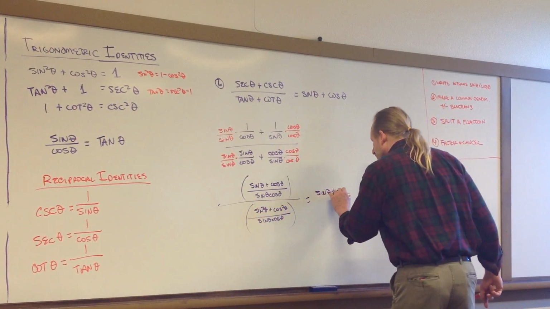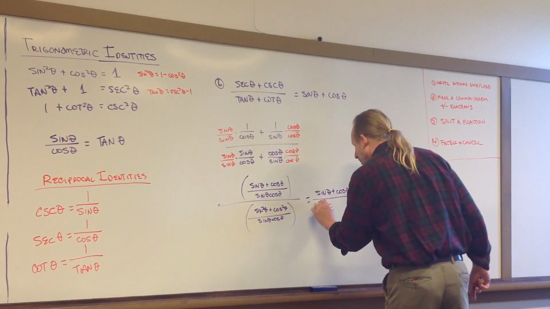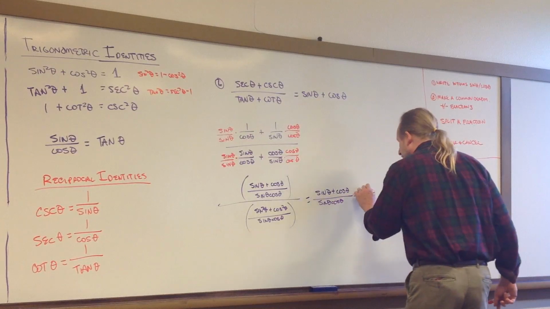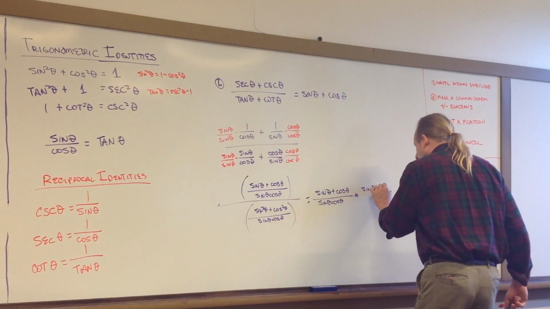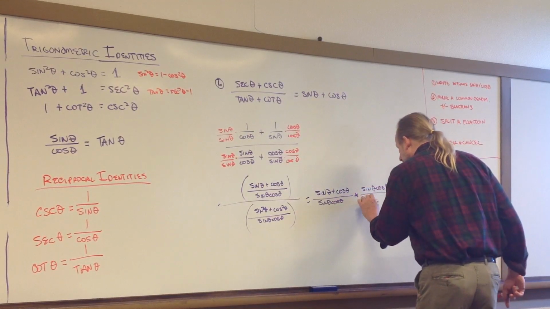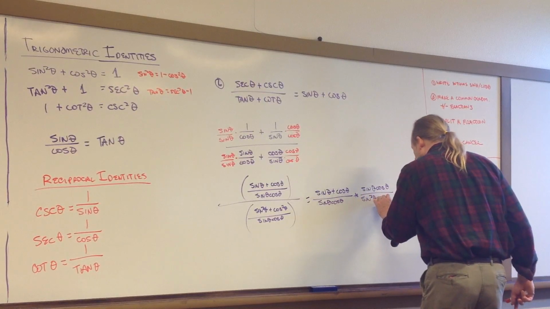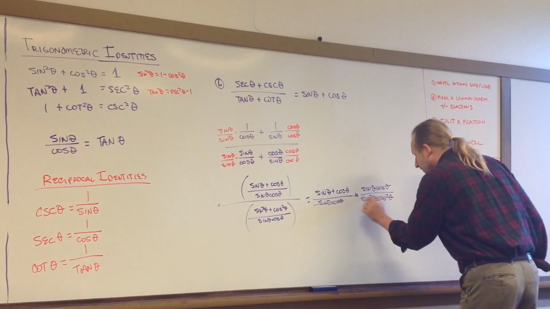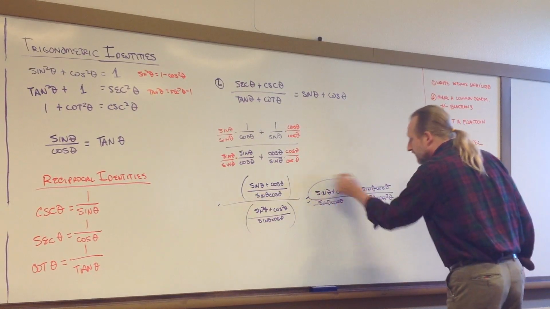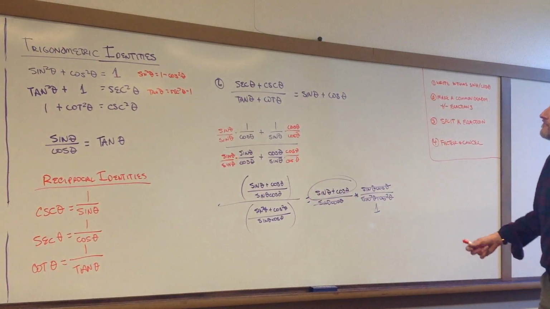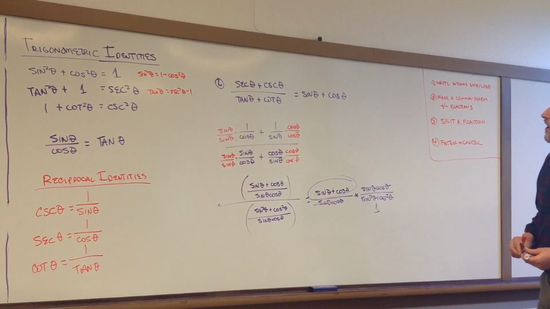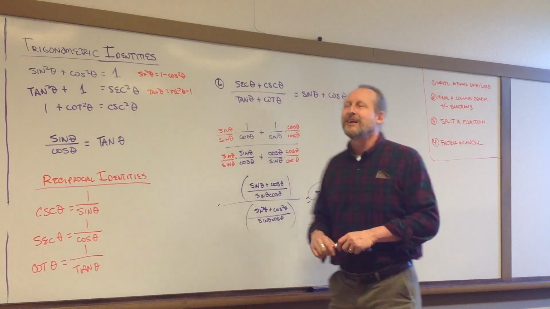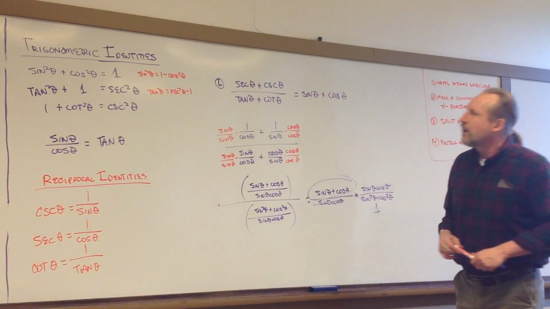So we just take the numerator, and then we multiply by sine theta cosine theta over sine squared theta plus cosine squared theta. Those cancel. This is 1, and there it is. Sine theta plus cosine theta. And we're done.